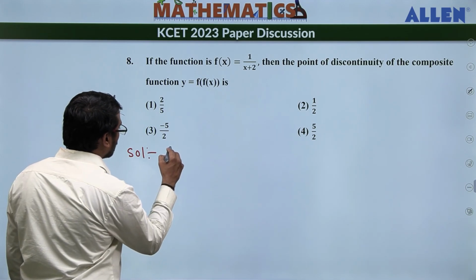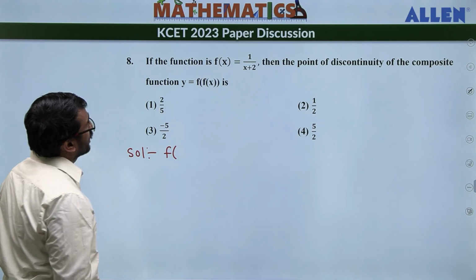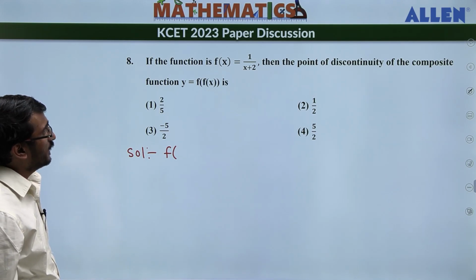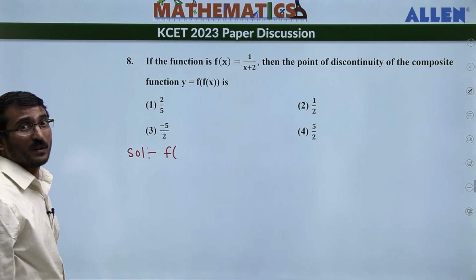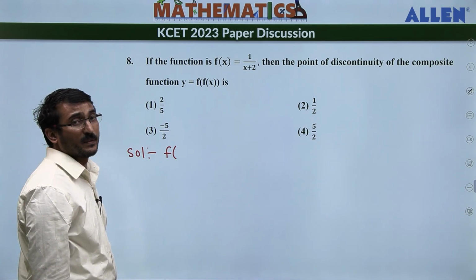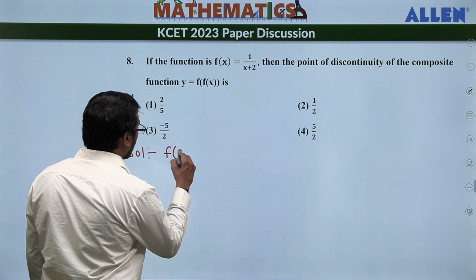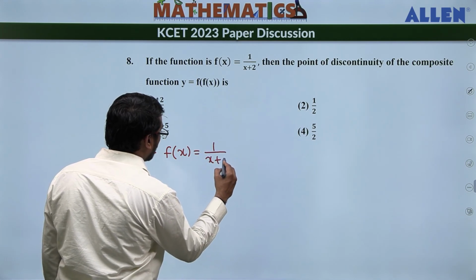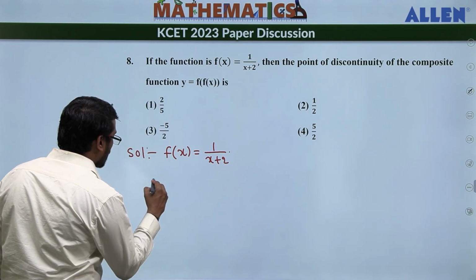F of x. The function f of x is equal to 1 by x plus 2 is given. Point of discontinuity of the composite function f of fx. Consider f of x, 1 by x plus 2. Replace x by fx.